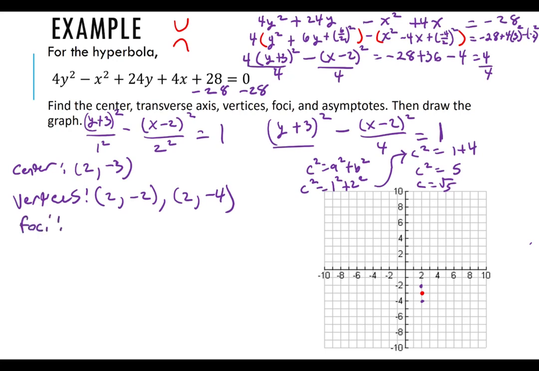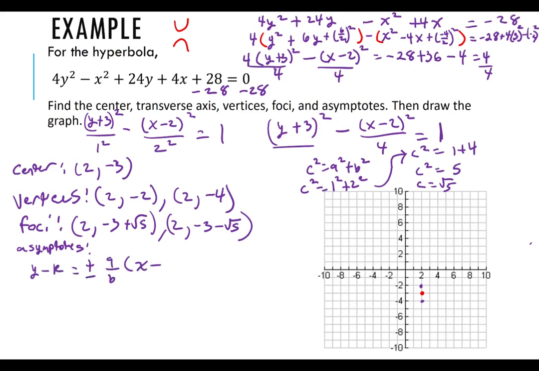And so my foci are then going to be (2, -3 plus root 5) and (2, -3 minus root 5). Then our asymptotes are going to occur at y minus k is equal to plus and minus a over b times x minus h.